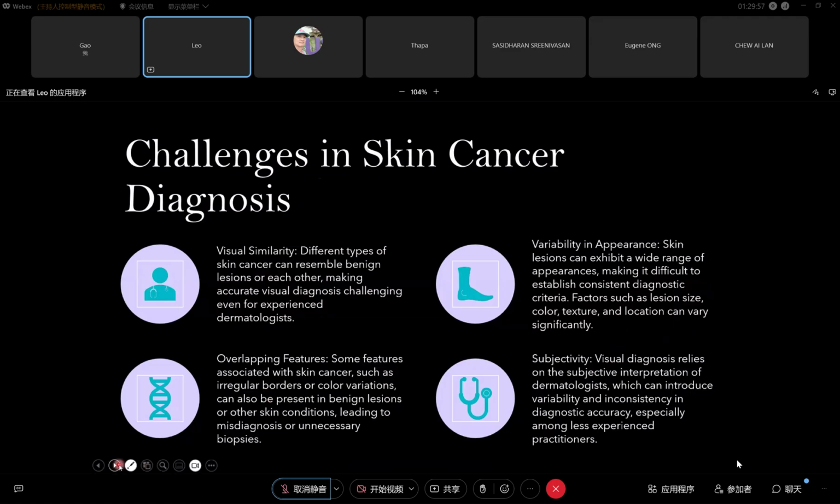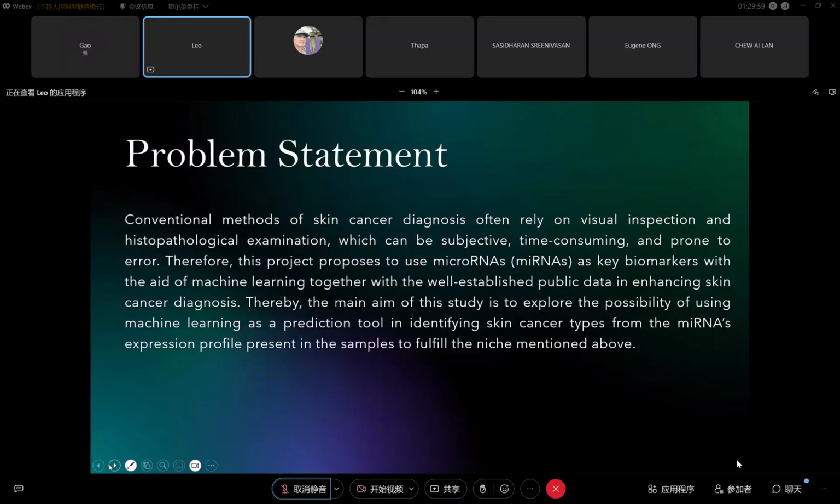So why I brought this up is because I want to solve this by using a machine learning approach. Conventional methods of skin cancer diagnosis often rely on visual inspections and examinations, so they can be subjective, time-consuming, and very prone to error.